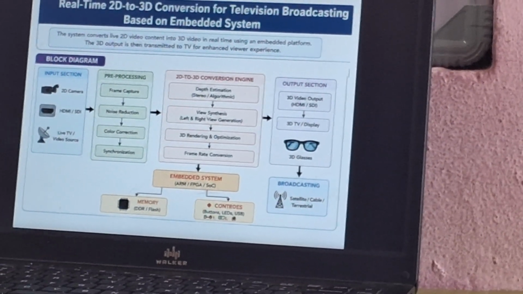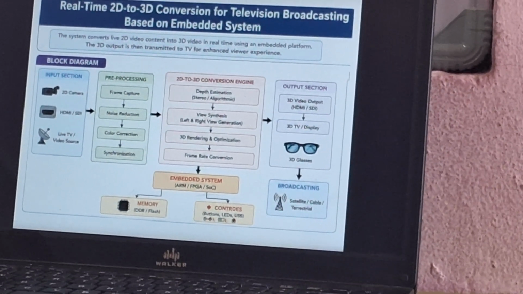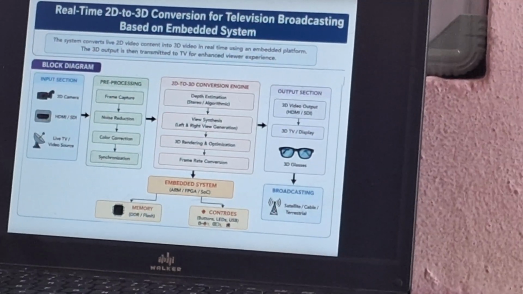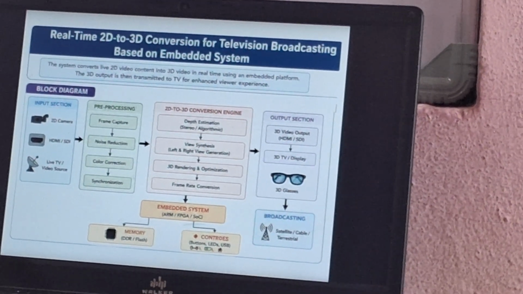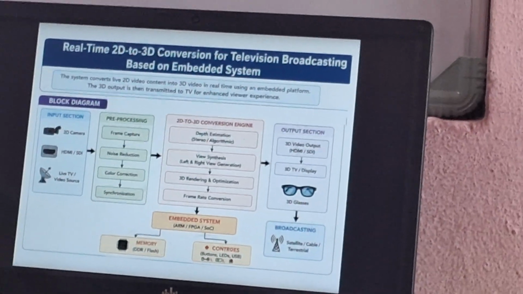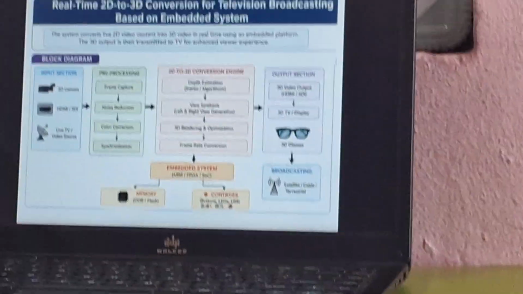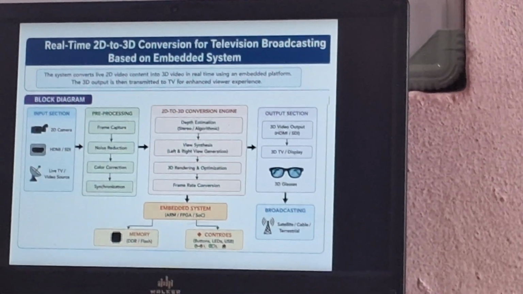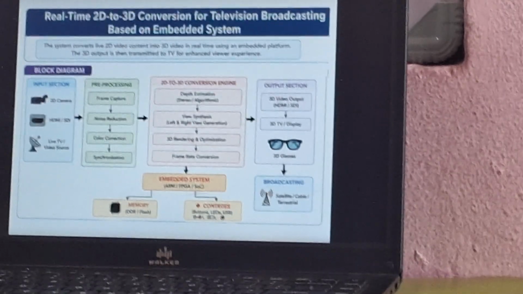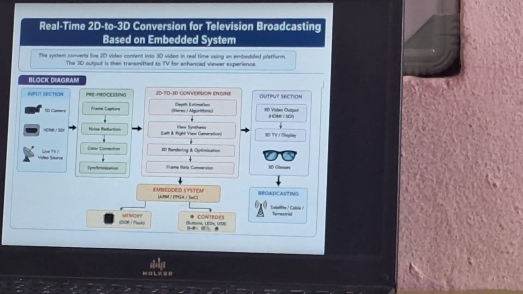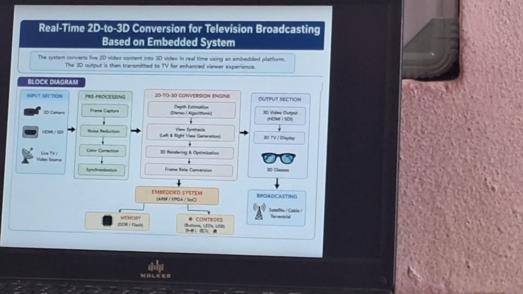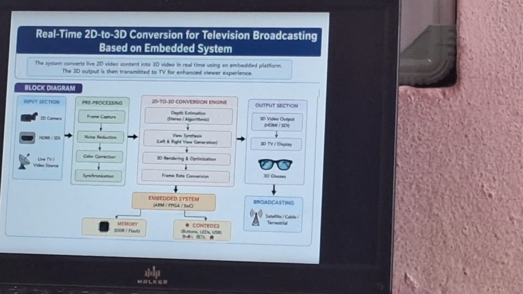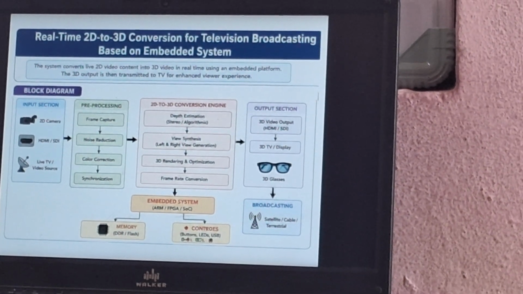The 2D to 3D conversion engine performs our main conversion steps. The first step is depth estimation for stereo using an algorithm. The depth estimation depends on the quality of the video and the algorithm. Next is view synthesis, where how much left eye view and how much right eye view is generated is calculated.